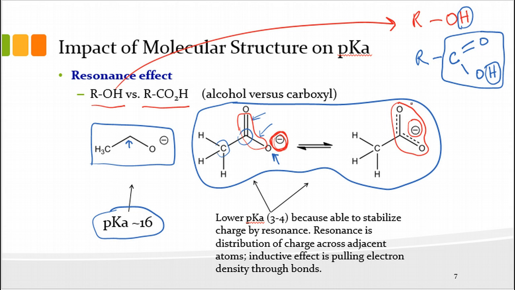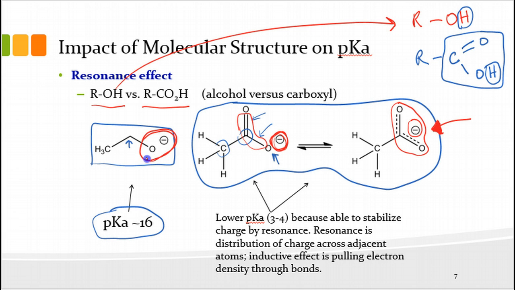Likewise, this species over here on the right, this species of ethanoic acid, or acetic acid would be the common name for it, is much less reactive because that negative charge is spread over a large area. Look at ethanol.